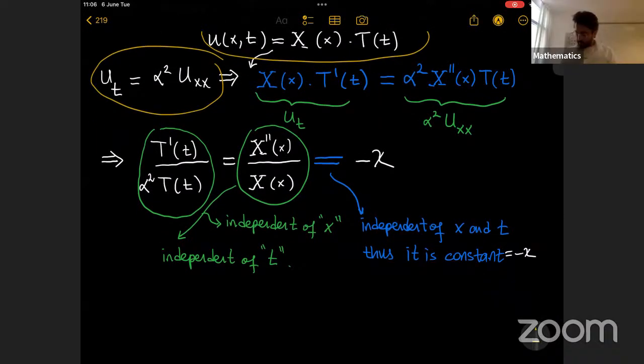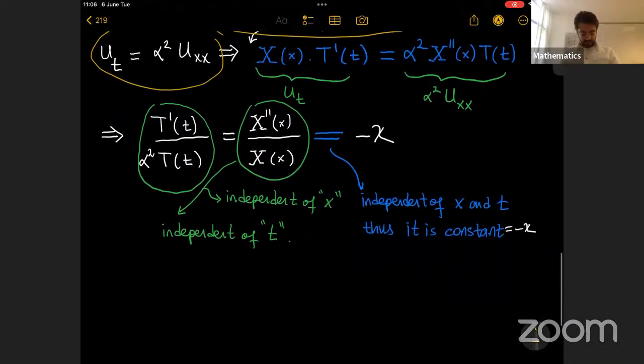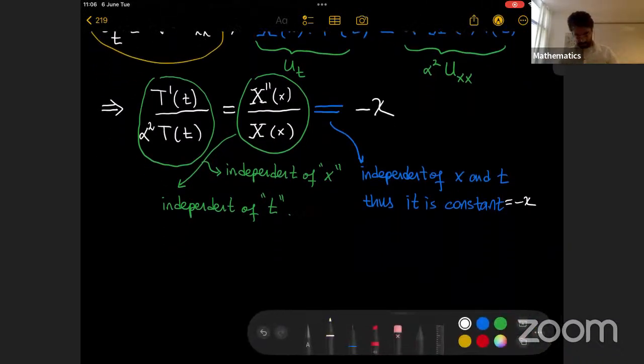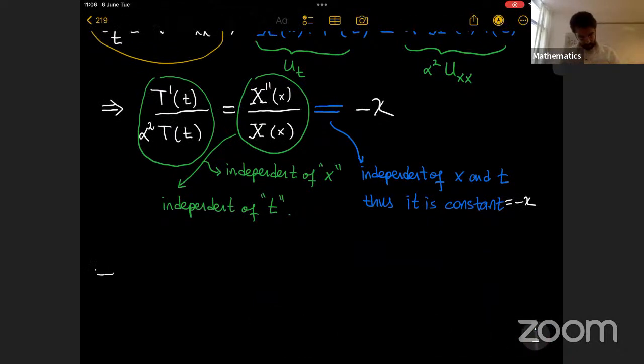All right. Let's now see what we get from this. So lambda is here as a constant on the right hand side. We have two equations.